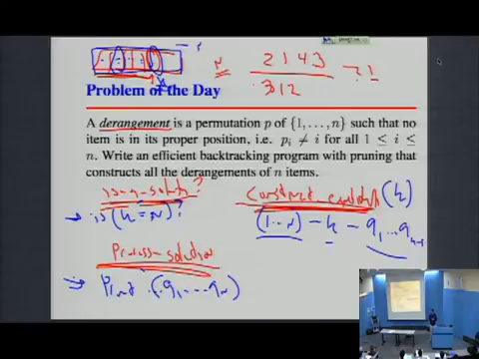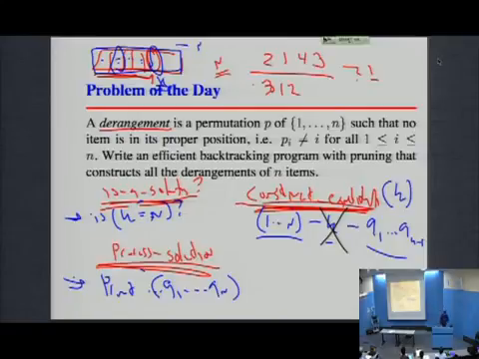So let me try another approach. What if, another way I could have done this, is to let A be whatever I want, and not check to prevent you from having the kth element in that position.